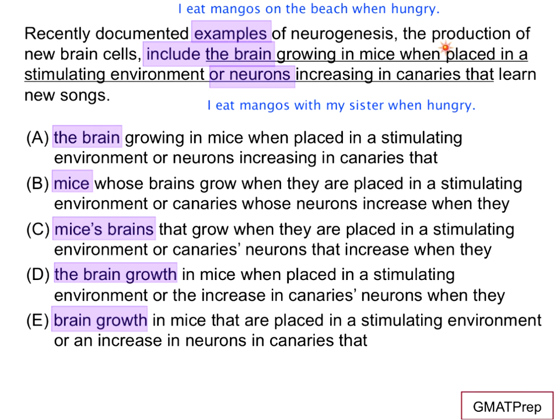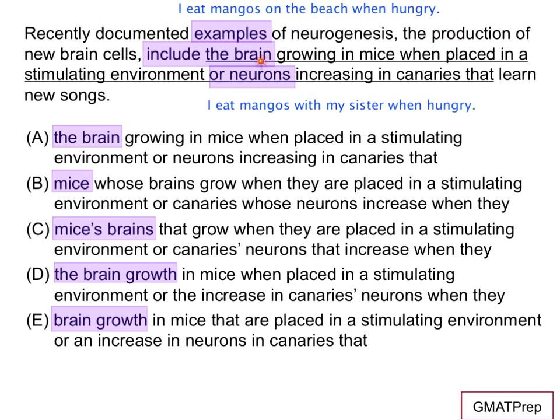That doesn't make any sense. Or, no, you could say it's the brain. Let's say it's the brain. The examples include the brain growing, blah, blah, blah, when the brain is placed in a stimulating environment. Like they're taking the brain out of the mouse and putting it in a stimulating, ew. Let's hope that's not what they're doing.